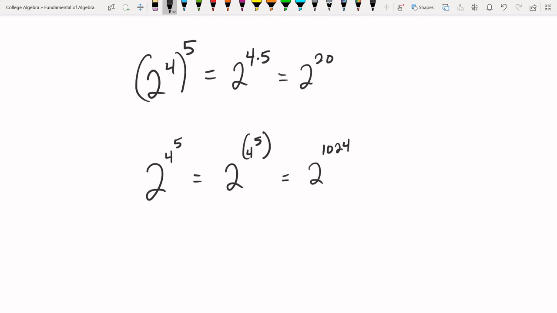These are very different things. What you need to have is parentheses around both the base and the exponent, and that needs to be taken to a power. This is not what the power rule works on. Just make sure you have these parentheses. You should see the parentheses here, and you'll know the power rule works. So keep that in mind.